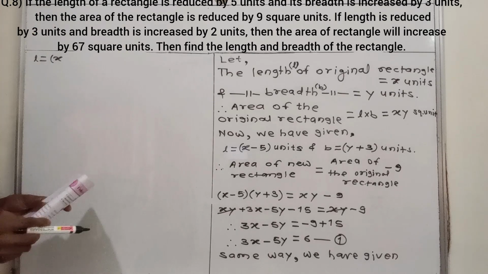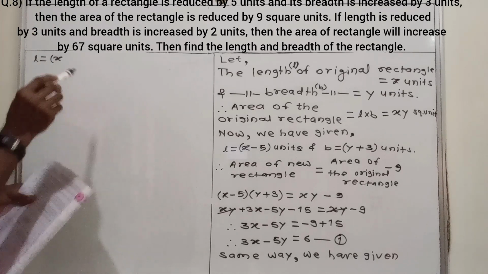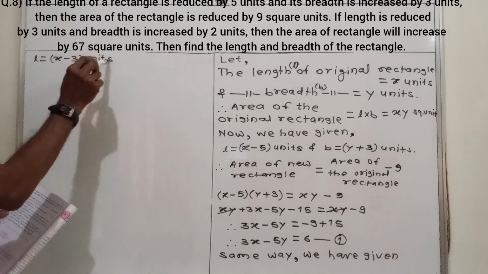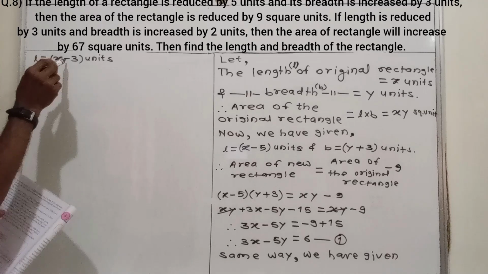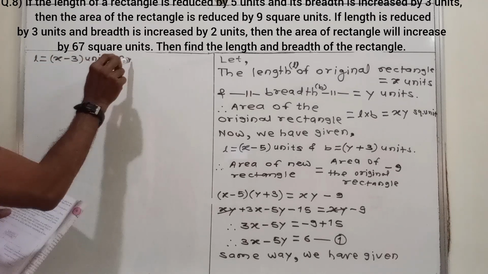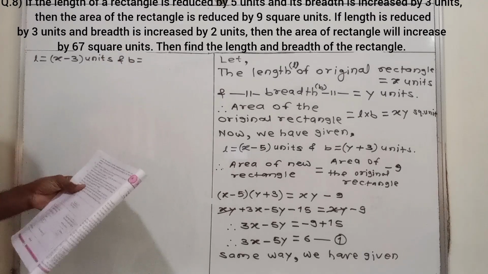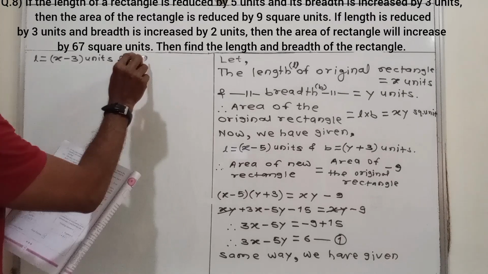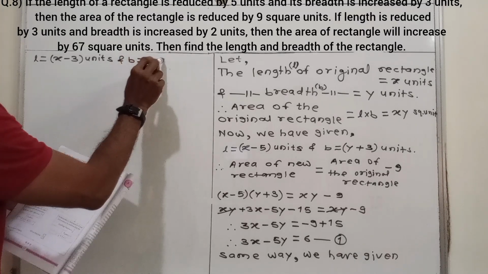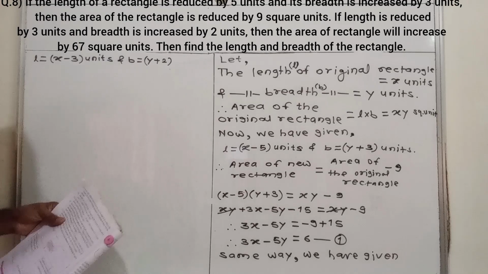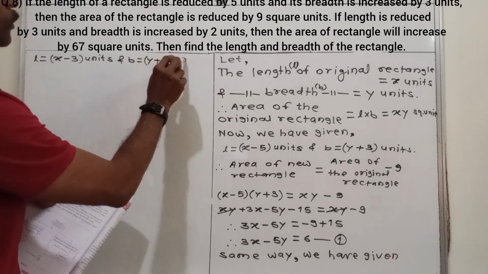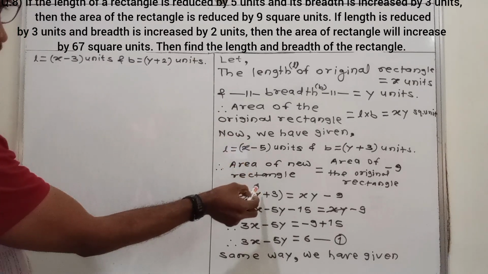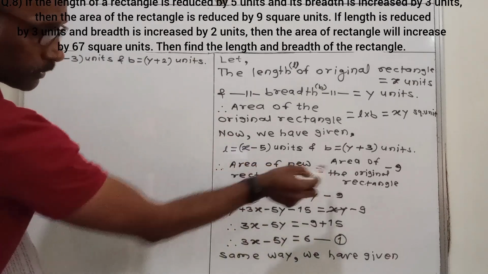The length of the original rectangle is reduced by 3 units, so L is equal to x minus 3, and the breadth is increased by 2 units. Breadth increased means y plus 2 units. Did you get it? Same way we write here.